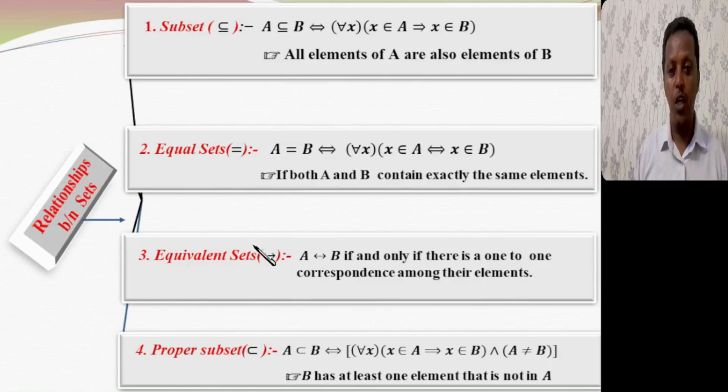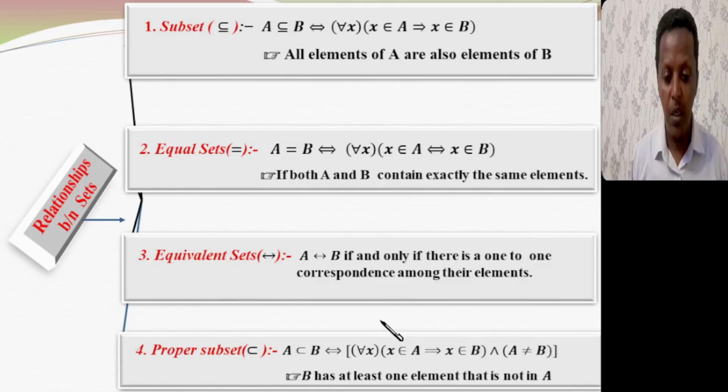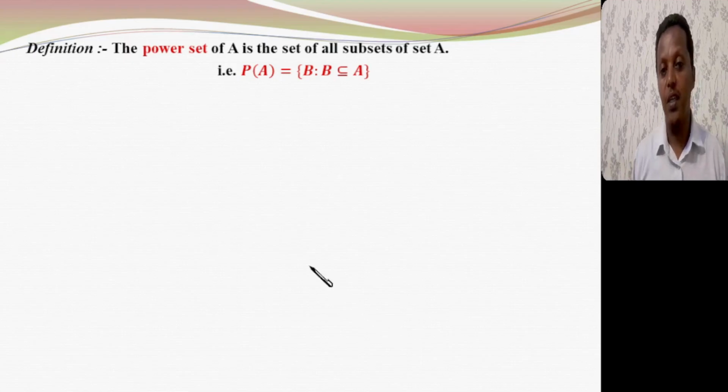Once we know how to relate two sets based on the concepts of subset, equal set, equivalent set, and proper subset, the next point is the definition of the power set of a set.